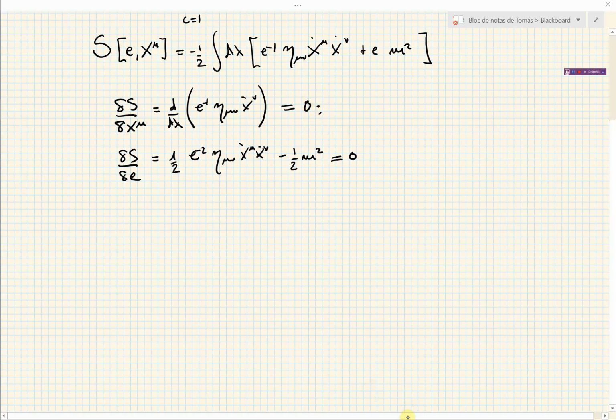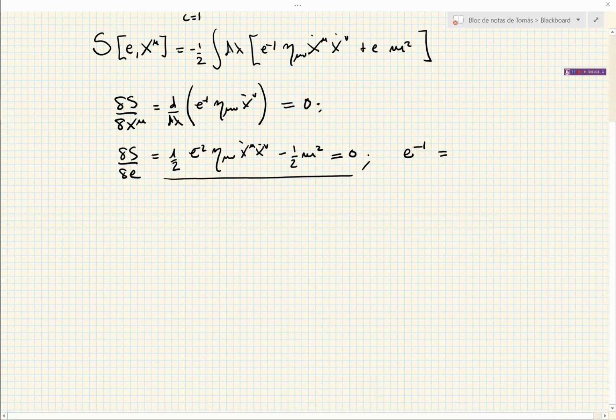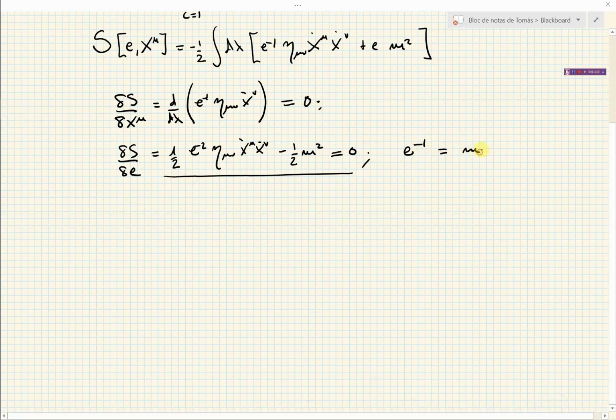This equation for e is algebraic in e, so we can solve for e and replace the result in the former equation. The solution is that e^(-1) is equal to m over the square root of η_μν ẋ^μ ẋ^ν.